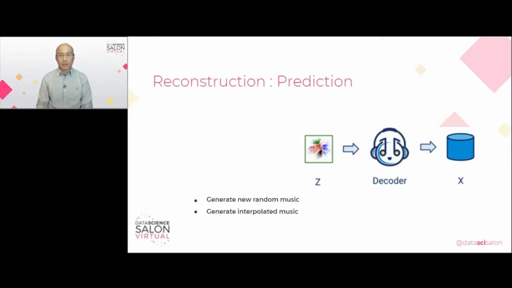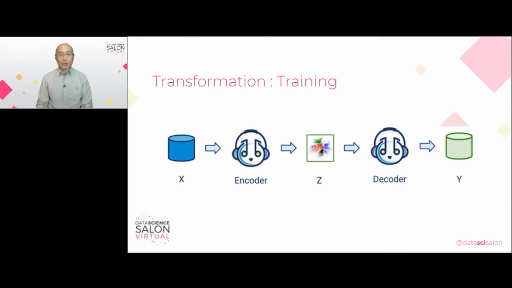Another popular technique is called transformation, where we're transforming X to Z and then to Y. During prediction and training, it's exactly the same. This is very similar to one of the previous slides that I shared of the X to Y mapping, except we have this intermediate state Z. With this architecture, we have more control over how the relevant features of X are represented internally in this deep learning AI architecture.